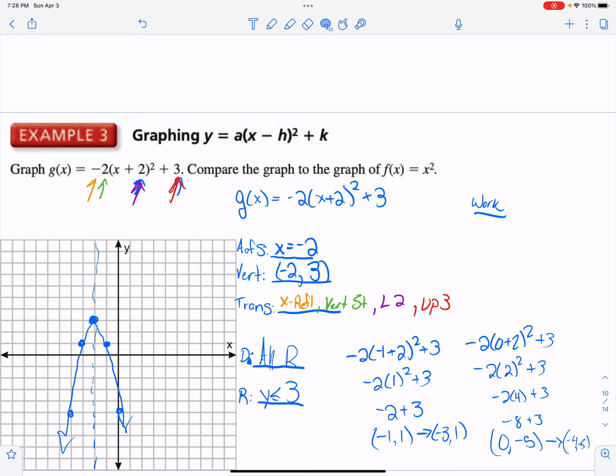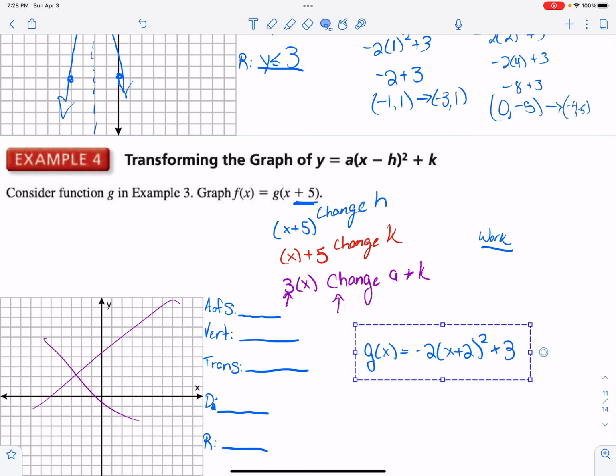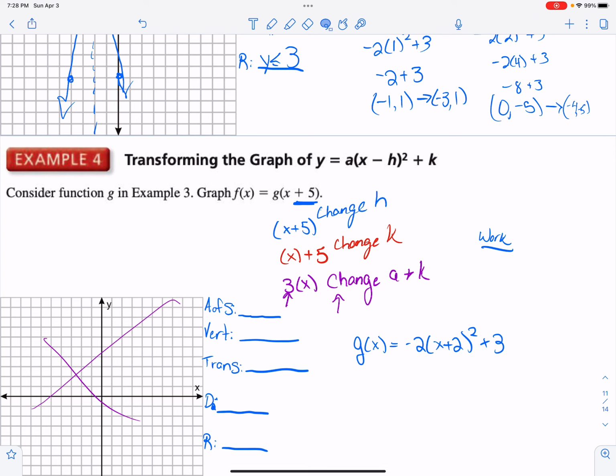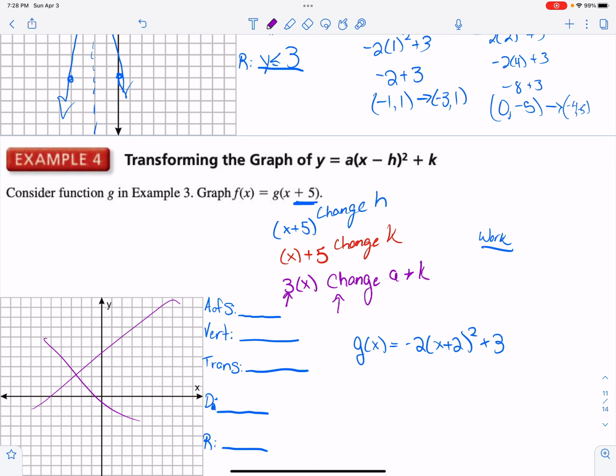Okay, so I'm going to lasso this and drag this down here. What it wants us to do for our new function f is add 5 to that h value. So f of x is equal to -2 x plus 2, and then we need to add 5, squared plus 3.